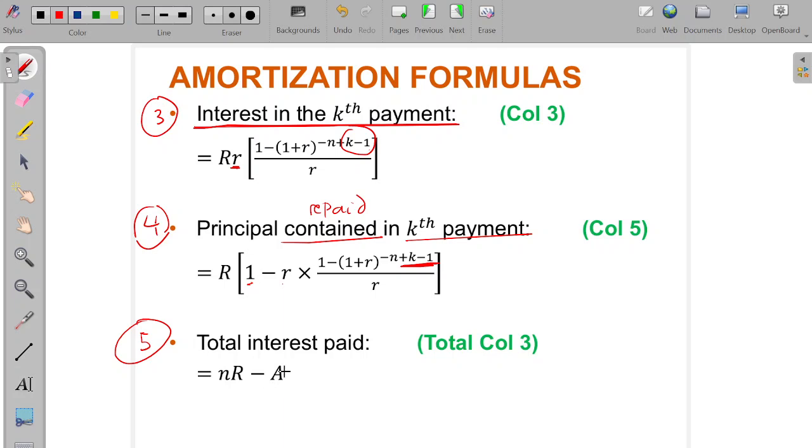The total interest is also called the finance charge. You need to know this formula in case any question asks you to use them when you cannot draw the amortization table for such things.